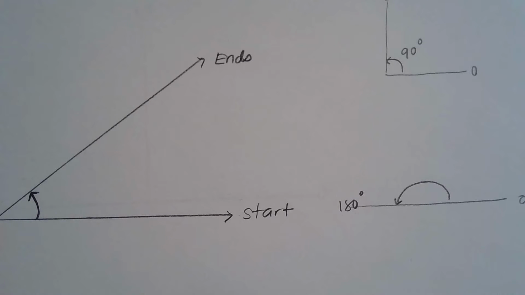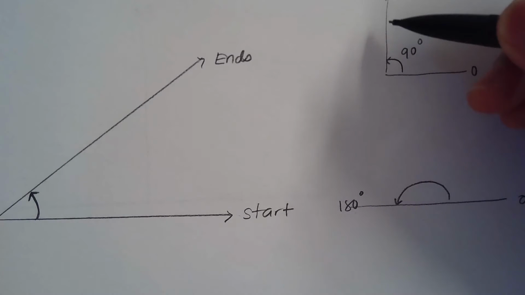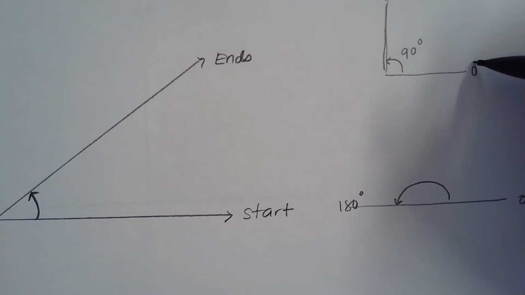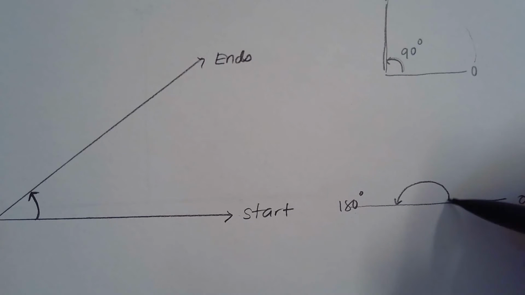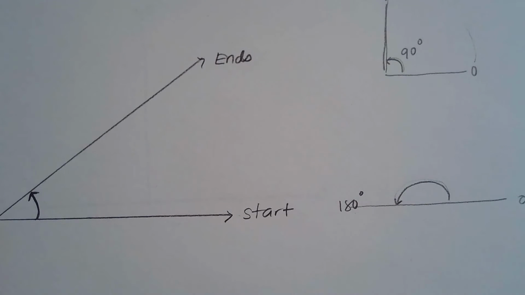Any other guesses? 60. You think it's 60? Okay. Anybody say 100? No? Nobody said 100? Okay, because we know if you go from here to here, that's 90, and if you go from here to there, that's 180.